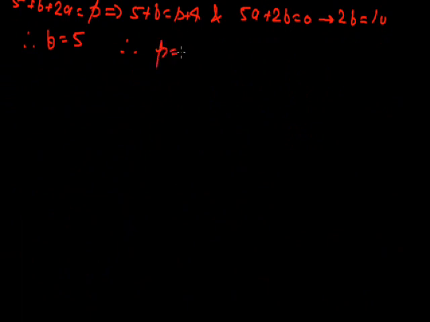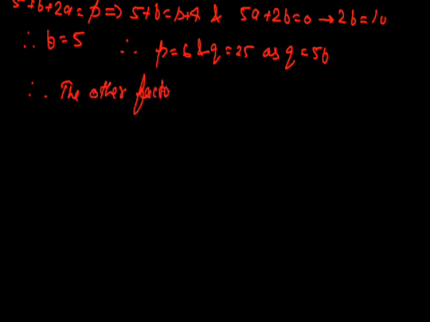So p is equal to 6 and q is equal to 25, as we have given that q is equal to 5b. So the other factor will be equal to x square minus 2x plus 5. That is our answer.